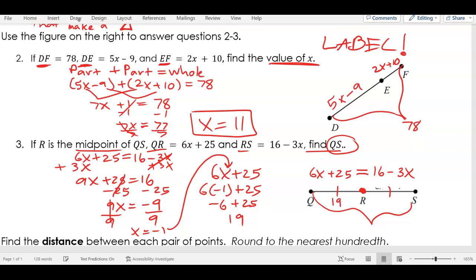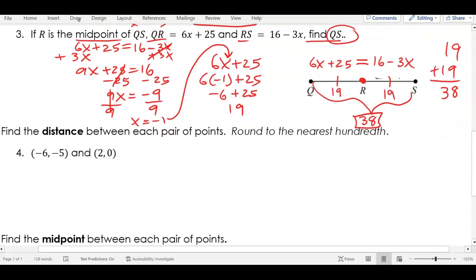This half is 19. If this half is 19, what's the other half going to be? 19. Now I can take the 19 times 2 or 19 plus 19 and get my final answer, which is 38. Okay. So if you get negative 1, that's not right. If you get 19, that's not right. QS all the way across, 38.